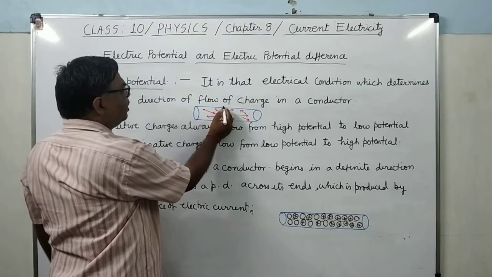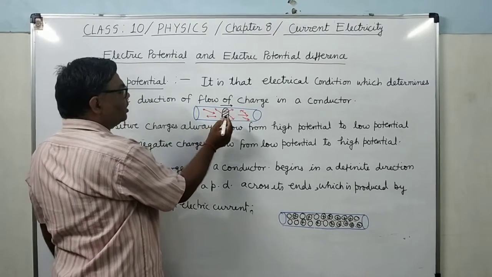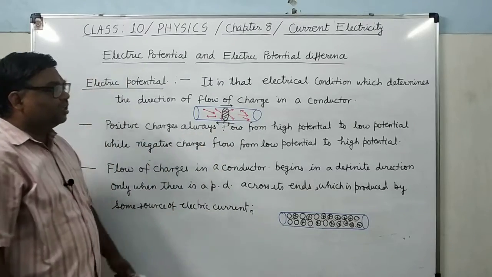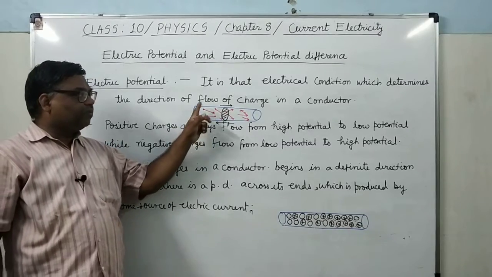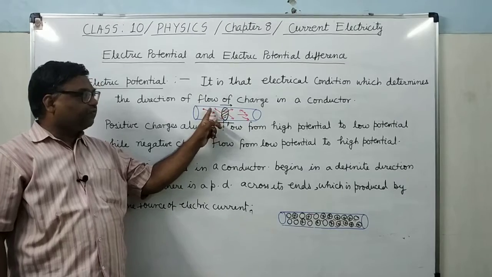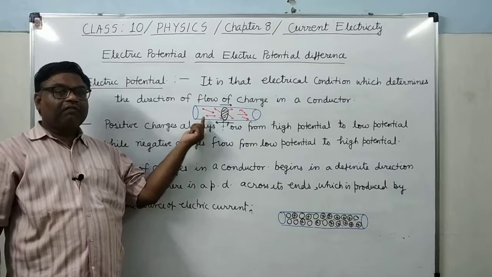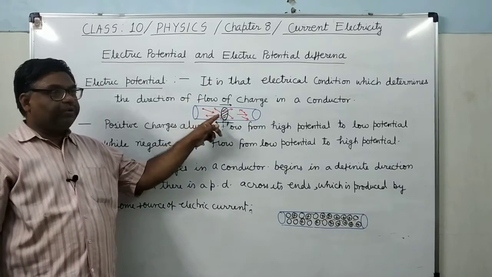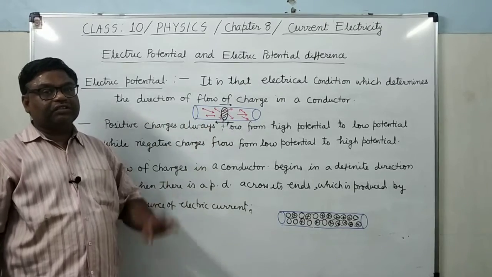Suppose in 1 second 10 electrons go from left to right, then 10 will also move from right to left. It is clear? If in 1 second 10 are crossing this cross section from left to right, then 10 will also cross from right to left, and therefore there will be no overall transport of electrons across the cross section.